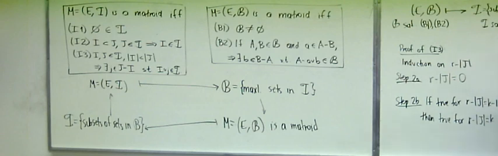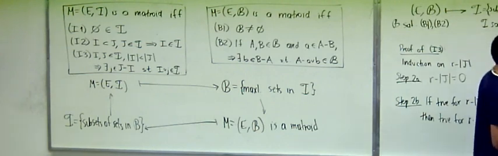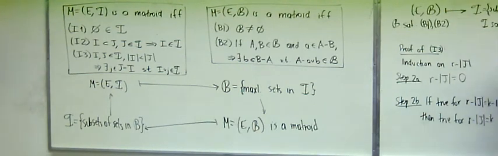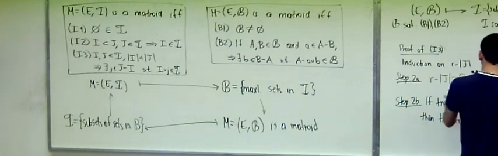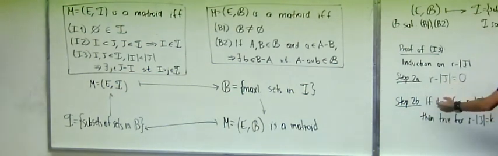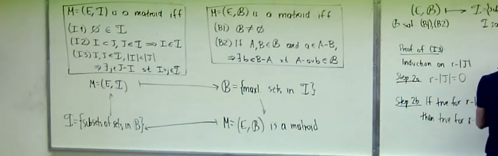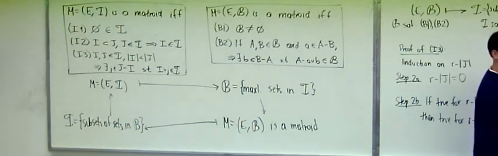Okay. So let's look at this. We have that I is less than B, right? Because B contains J. And so what I want to do is use this step right here. I know that if my set J has size R, then I can actually do this exchange.